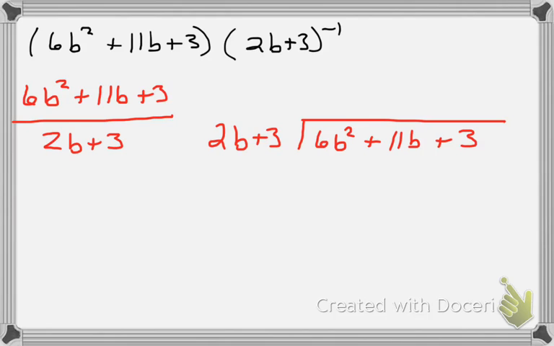Now we start the process. A b or a 6? I see all b's except for the 6 in front of the b squared. 2b times what is 6b squared? 3b. Distribute the 3b, and we get 6b squared plus 9b.